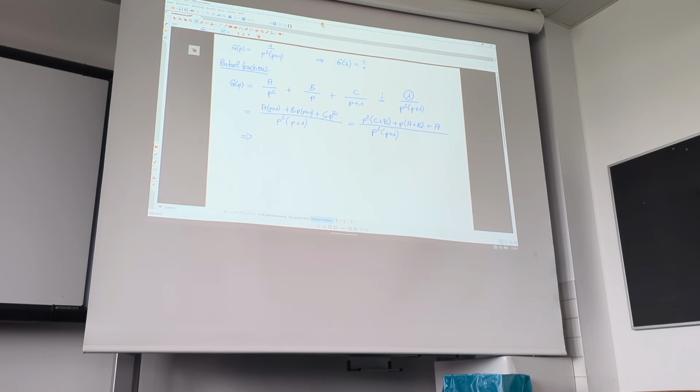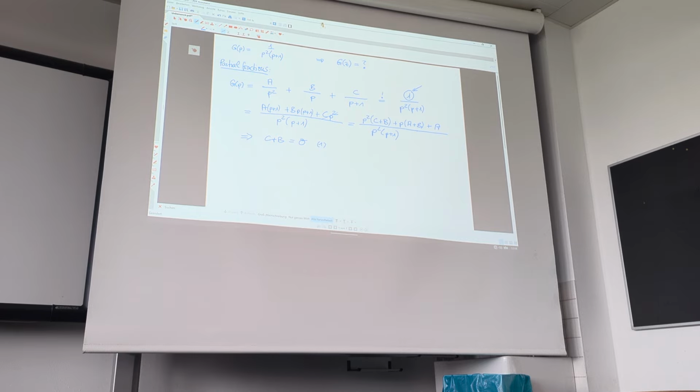So what about the p squared? Is it existing here in the original term? We just see a 1, so there is no p squared. What does it mean for c plus b? It's 0. So c plus b has to be equal to 0, because p squared is not existing. So that's our equation number 1.